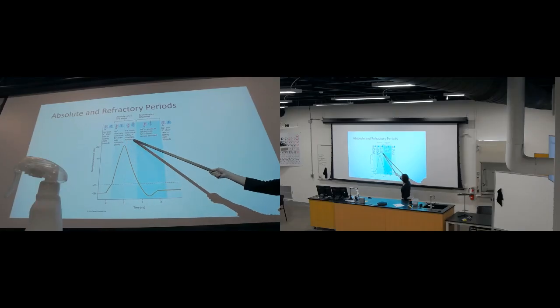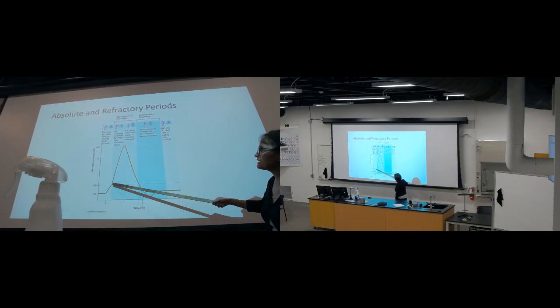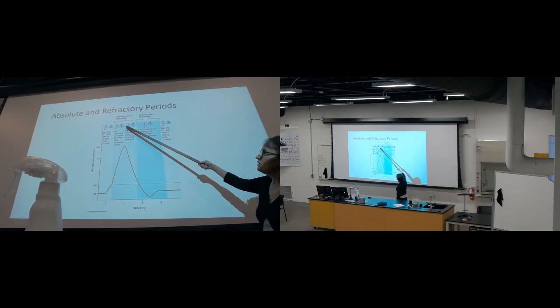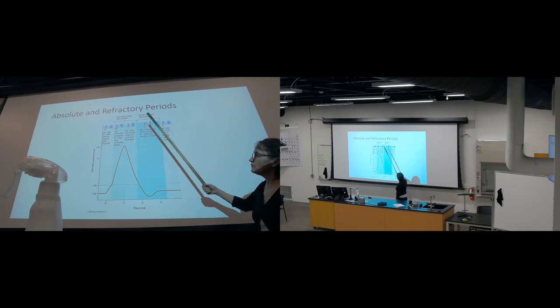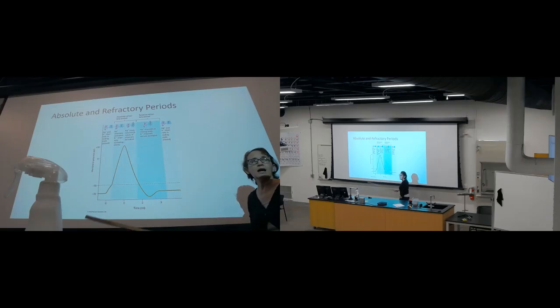That's when you have your absolute refractory period. Why? Because in this case, during depolarization, you have all your sodium channels activated. So this won't allow you to activate more because you don't have more available.